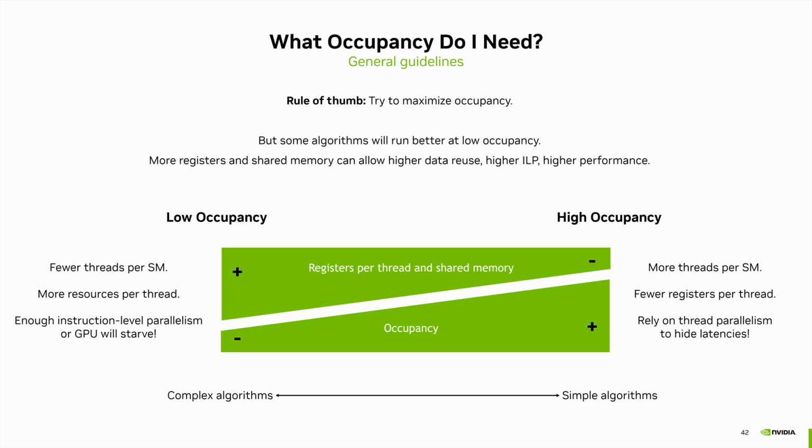There are kernels that need to use a lot of registers, or kernels that have a lot of data reuse and would benefit from having your data in registers to enable fast access. GEMM, for example: if you look at highly optimized GEMM kernels, they have high reuse, and they actually run at low occupancy for that reason, because it's better to go to registers for faster access.